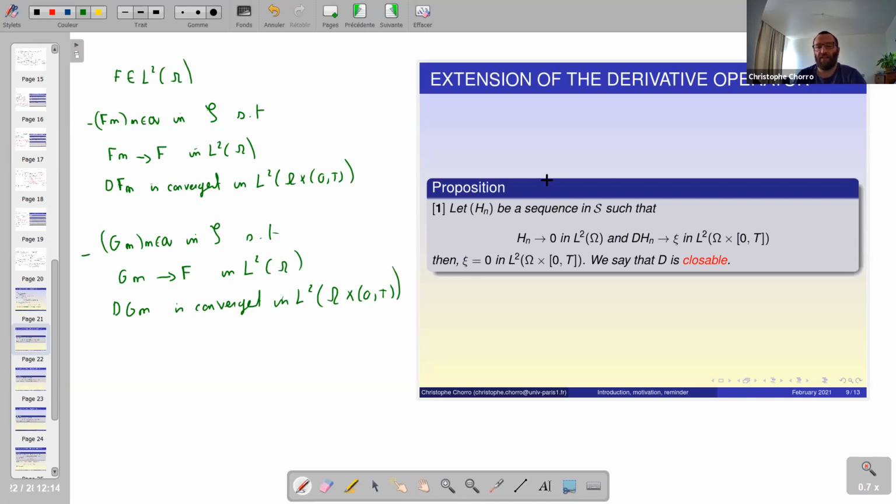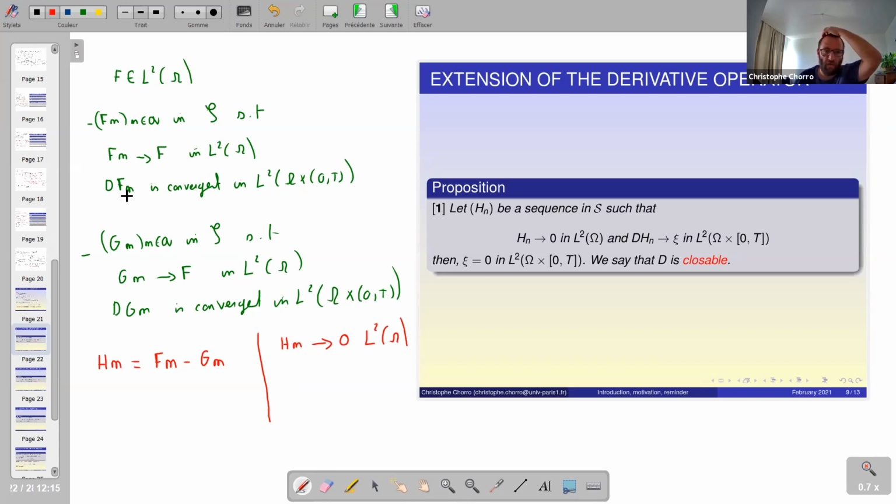In fact, I can use this proposition. If I define Hn as Fn minus Gn, what can I say? Since Fn converges toward F in L2, and since Gn converges toward F in L2, I have Hn that converges toward 0 in L2 of omega.